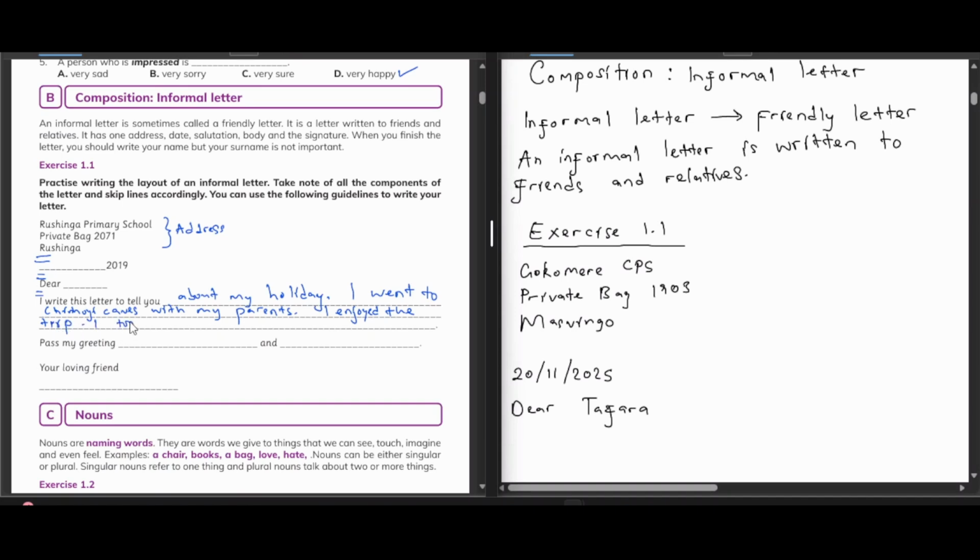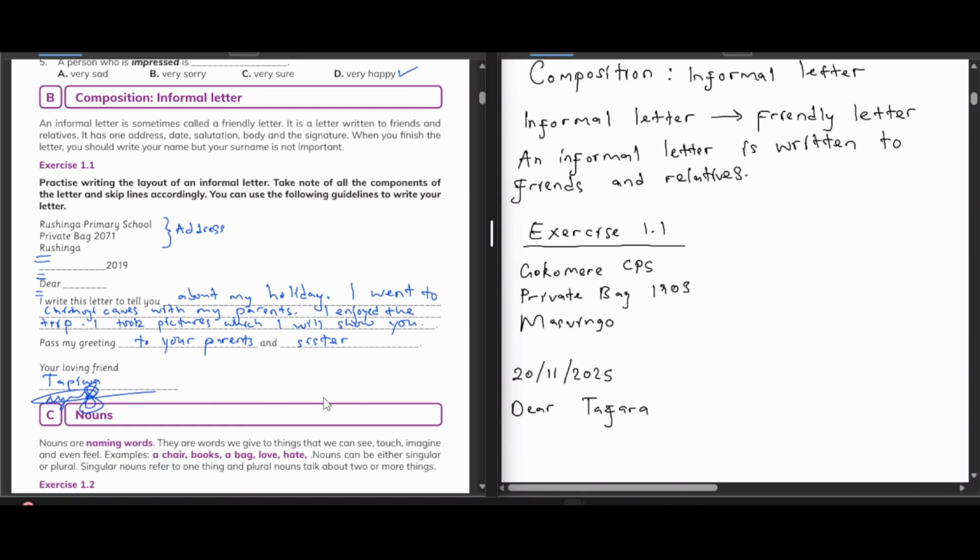I took pictures which I will show you. So this is just an example of how you can write it. Pass my greeting to your parents and sister. Your loving friend Tapiwa. And after this, you don't write your surname, it's unnecessary. You can actually put down a signature if you have it.